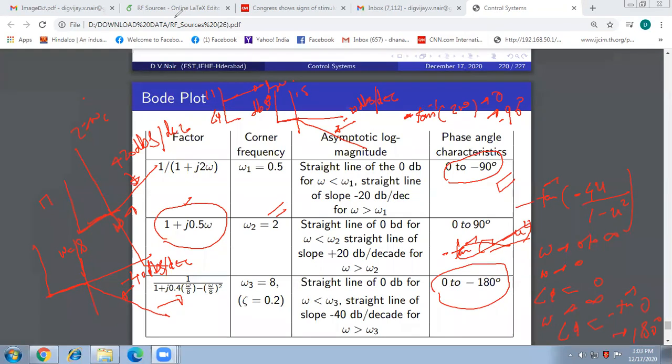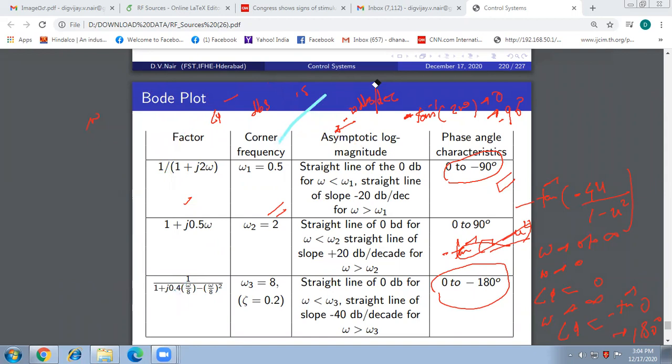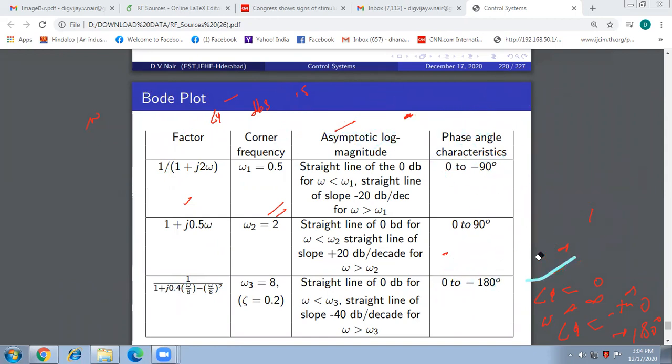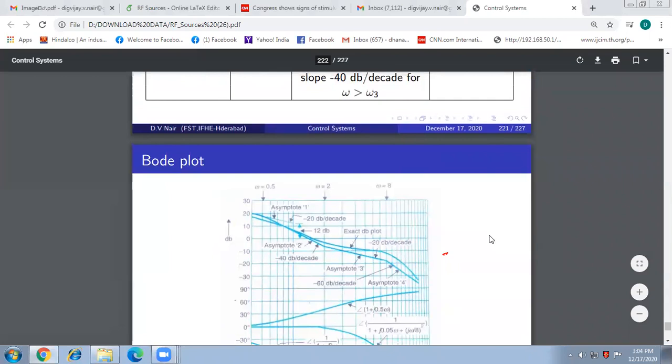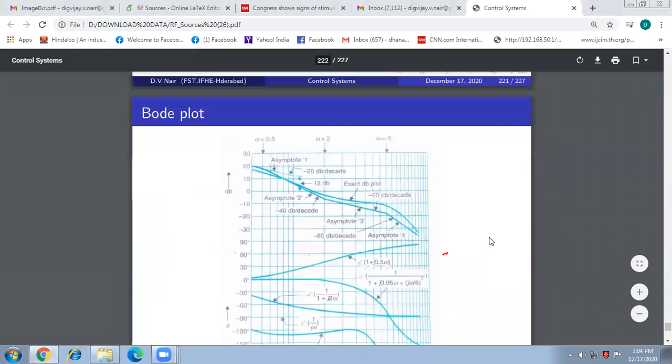Quickly let us see the resultant magnitude curve for the complete case. We have seen individually how the magnitude and phase angle plots are obtained. Now, once we know these individual asymptotes and the phase angle contributions, finding the resultant magnitude and phase angle plot becomes very easy.